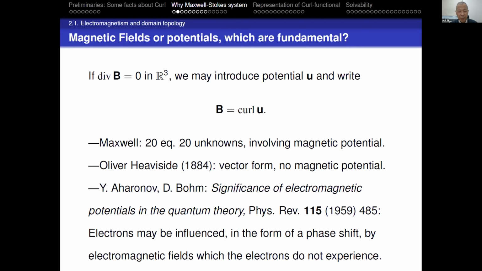So actually, you look at the original equations written by Maxwell himself. He used unknowns involving the magnetic potential.